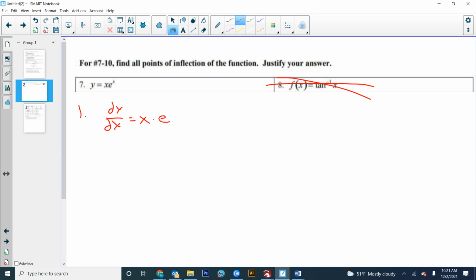First times the derivative of the second plus the second times the derivative of the first is just 1. Are you all good with that? Product rule, product rule.